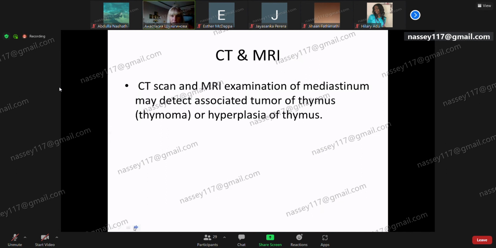CT scan and MRI examination of the mediastinum may detect an associated tumor, thymoma, or hyperplasia of the thymus. Of course, it is too hard to find hyperplasia of the second stage, and 100% too hard to see, because this is only by cytological methods of research.